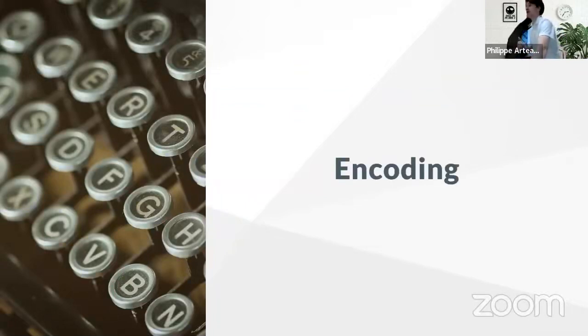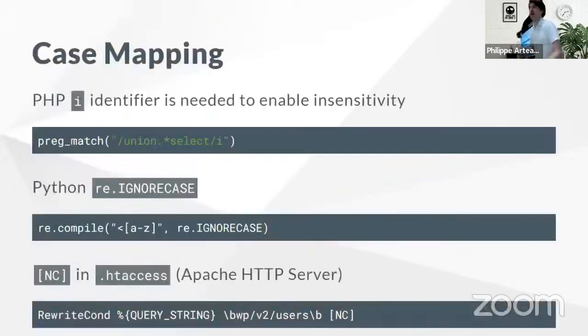Now encoding, this is probably what people often think of first. They think, okay, we have a web application firewall, it's detached from the application, so it doesn't have all the context attached to the request. So maybe the application is doing some additional decoding, and then I can do some transformation to some of the parameters that I'm sending to the application.